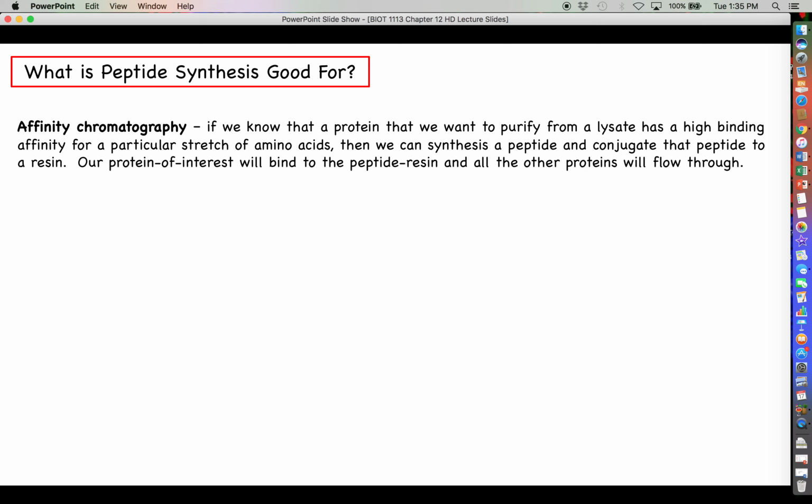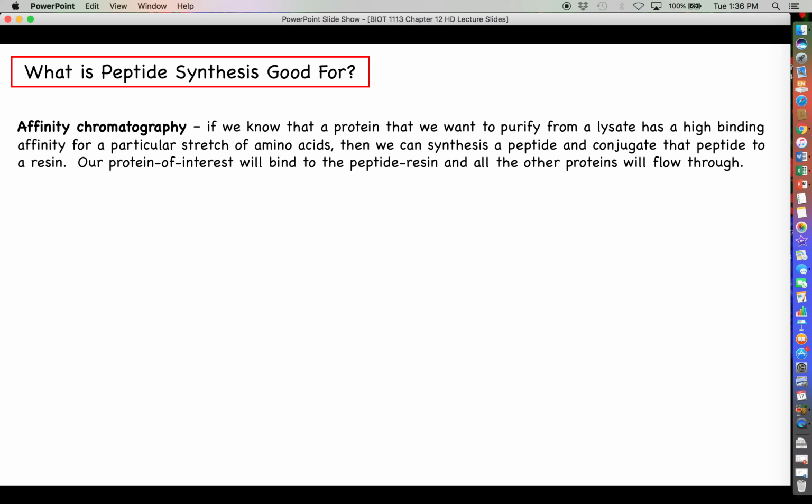Well, one thing that we can use it for is something that we talked about back in Chapter 9, affinity chromatography. So let's say that we have a protein that we know we want to purify from a lysate or from a crude protein extract. Let's further say that we know this protein has a very high affinity for a certain stretch of amino acids in another protein. So we know what amino acids are in that stretch in that protein.